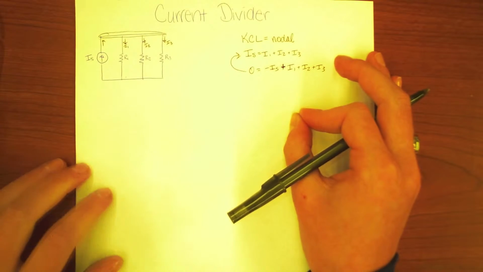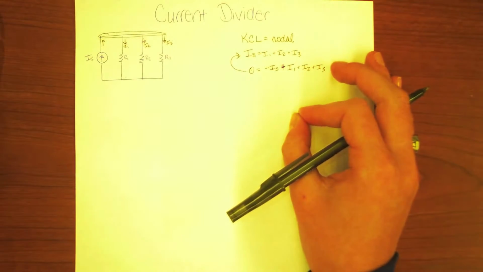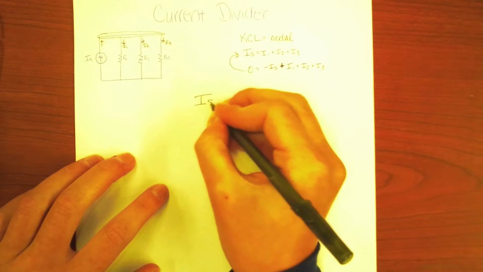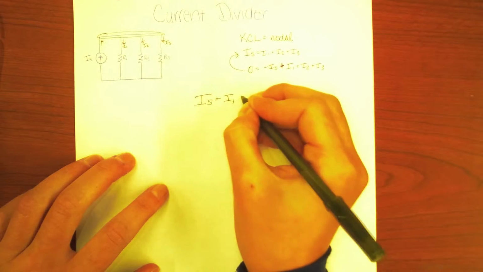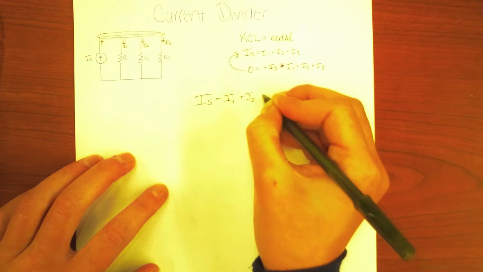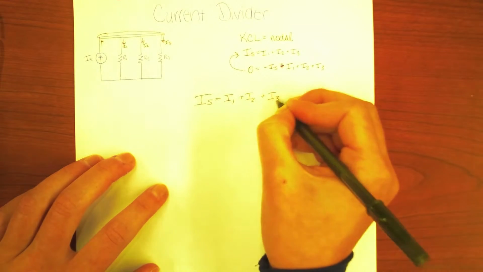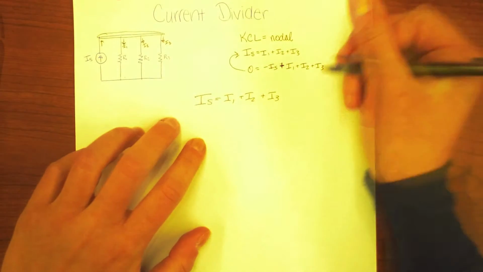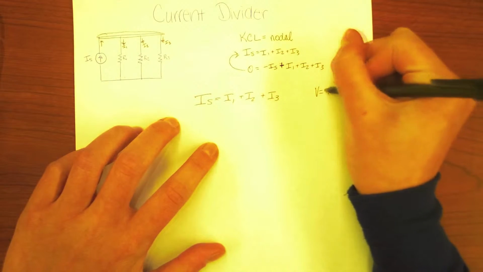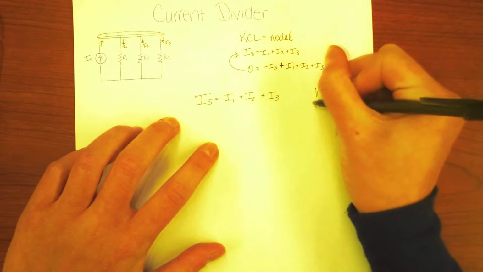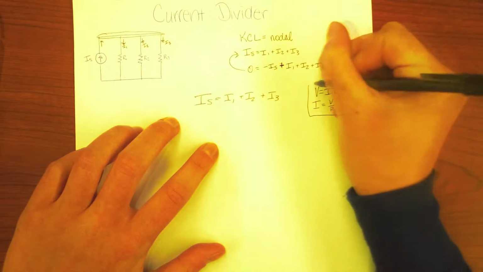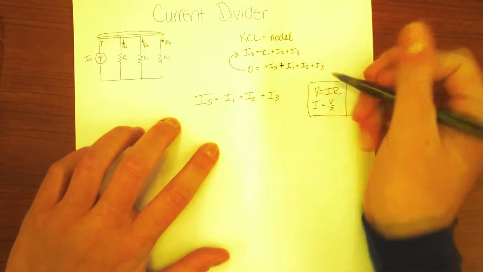Now that we've gotten this equation down, I'm going to rewrite it down here. So IS equals I1 plus I2 plus I3. Now we're going to analyze each one of these. Remember, V equals IR. Rearranging it, I equals V over R. Important to remember those.